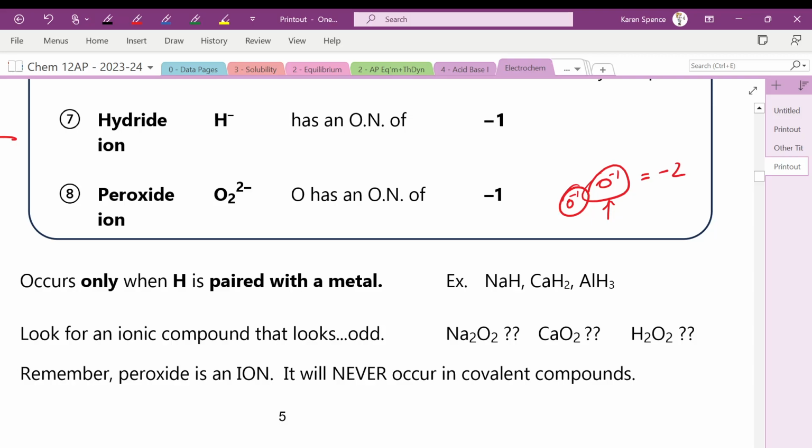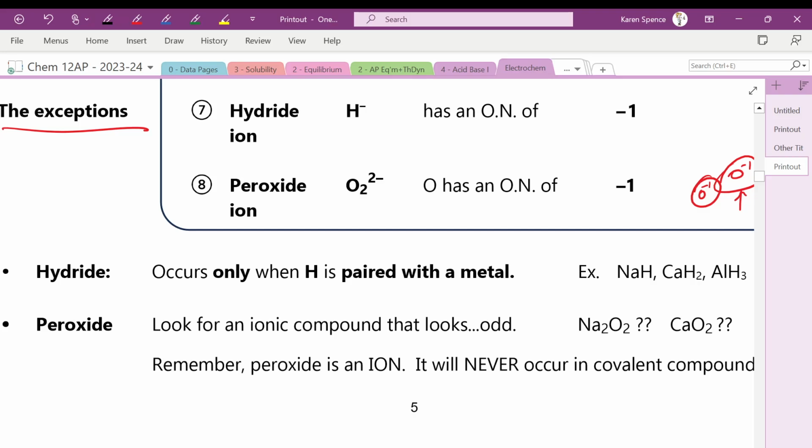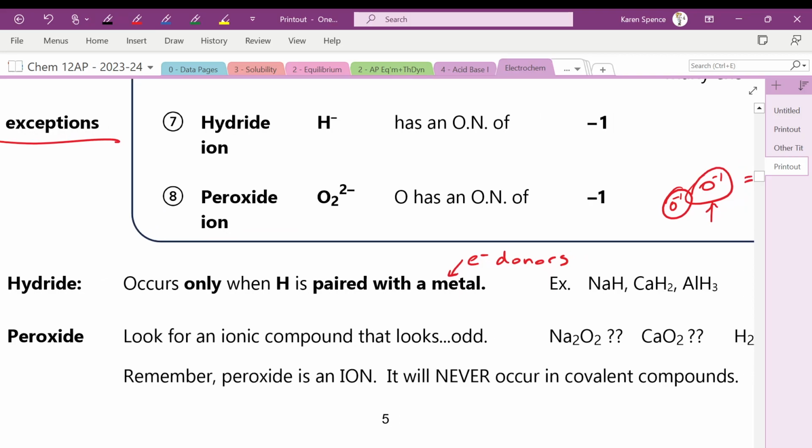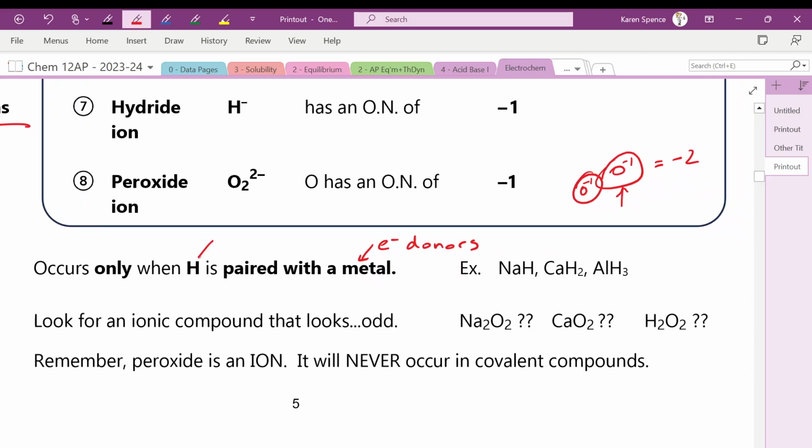Vertically is good. Okay. Hydride occurs only when hydrogen is paired with a metal, because metals are electron donors. They're always the ones that lose their electrons to become cations. And that would mean that hydrogen would be the electron acceptor.